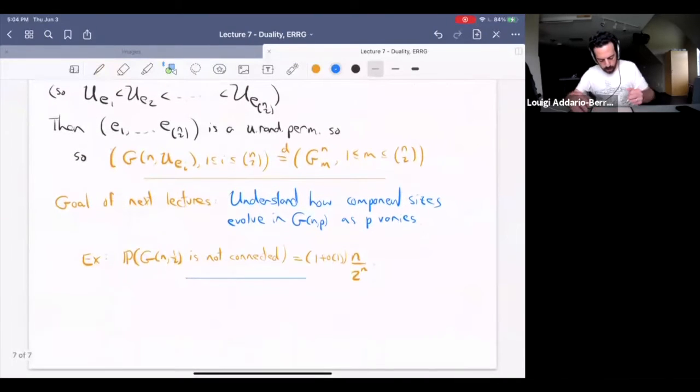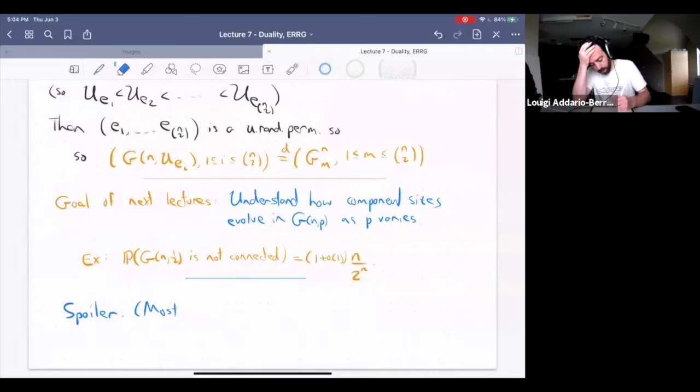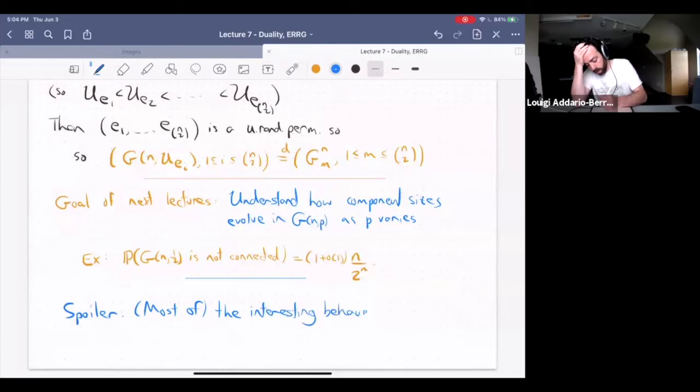But the spoiler, I guess, is that most of the interesting behavior happens around p equals 1/n.